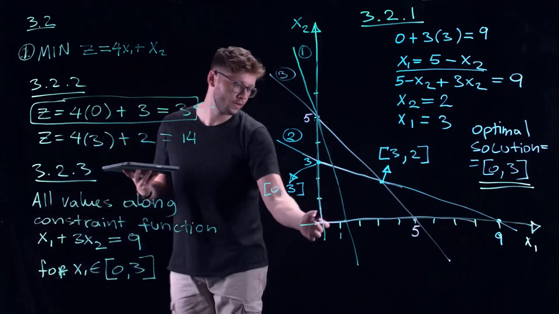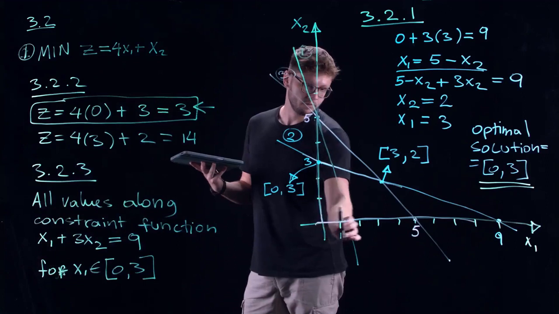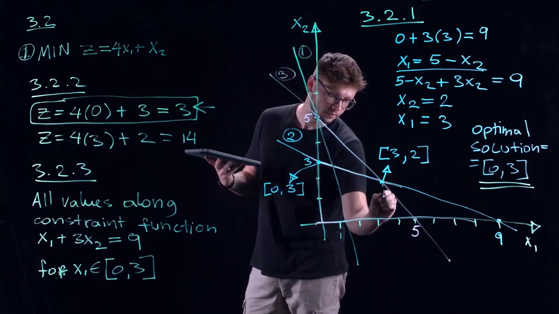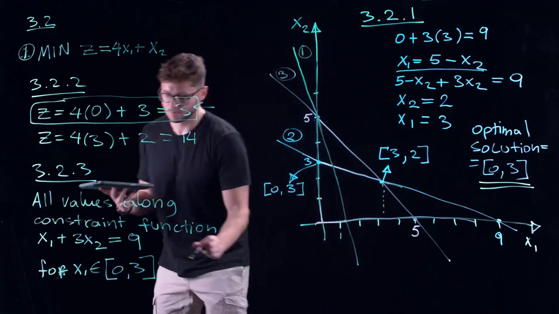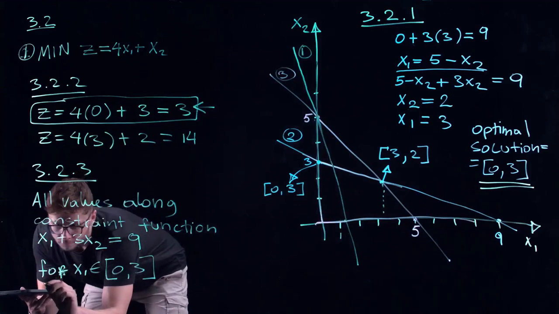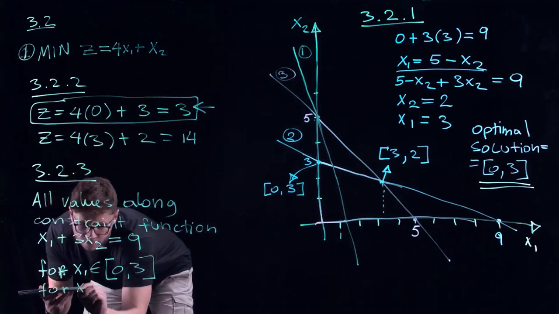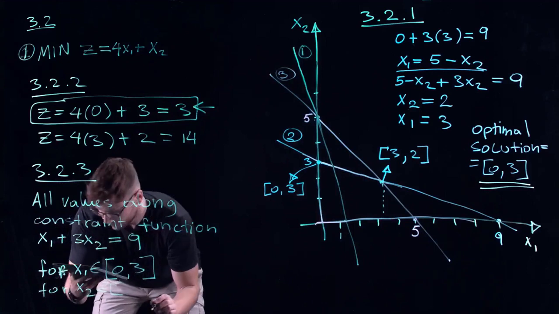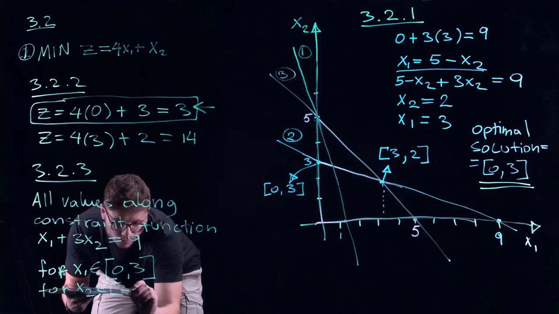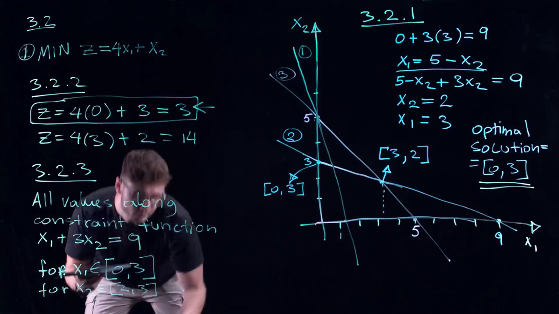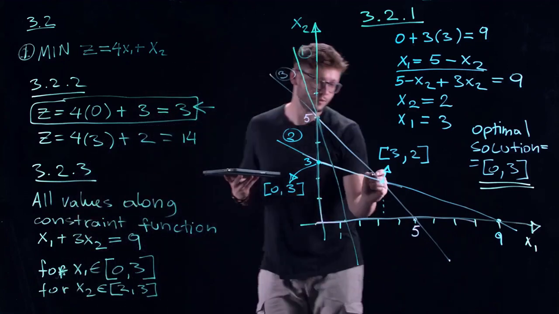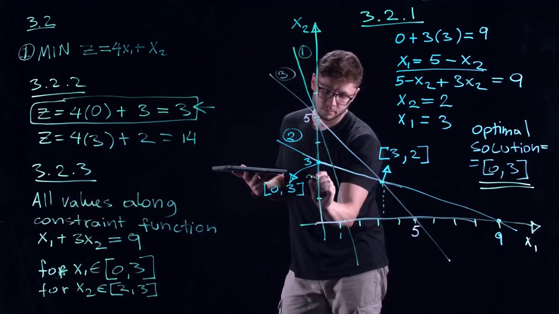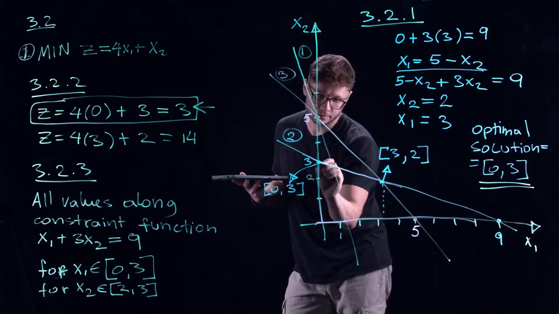Because x1 ranges from 0 until 3. And for x2 belonging to 2 and 3. Because x2 can only range between 2 and 3.